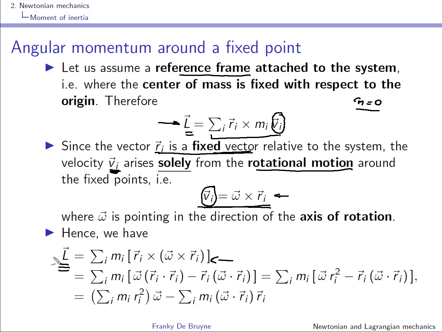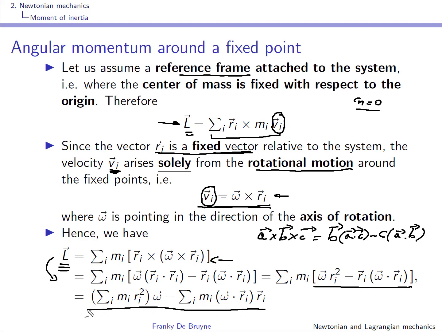So how do we go from here to here? We have seen at the beginning of the course, we have reviewed, I haven't shown it, that the triple cross product A cross (B cross C) is equal to B times the scalar product of A and C, minus C times the scalar product of A and B. If you use that, you obtain this thing here, which you can rewrite to this thing, and finally to this quantity over here.